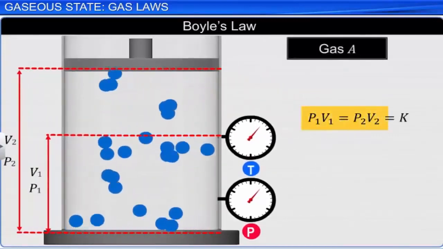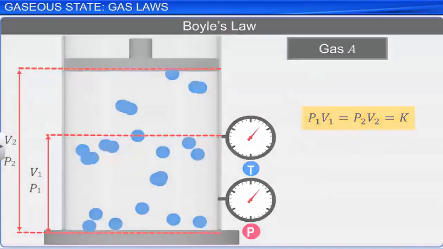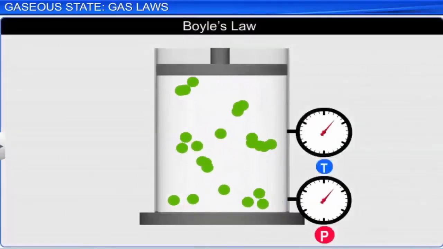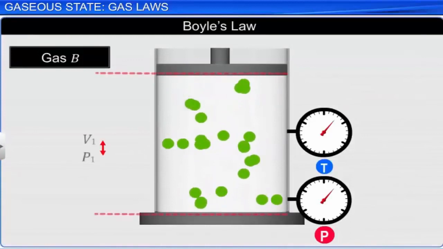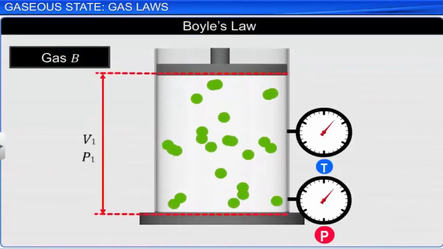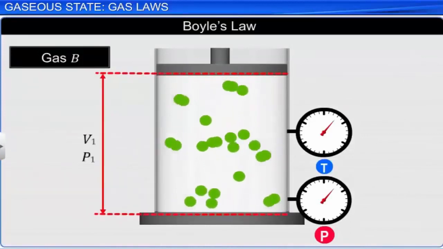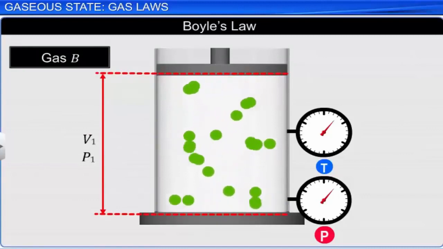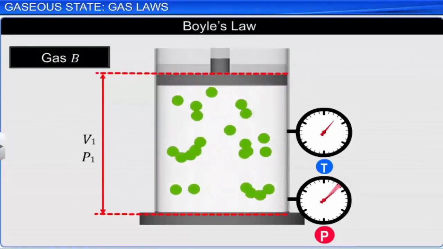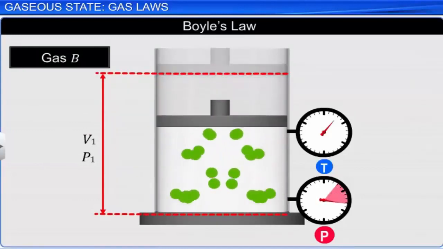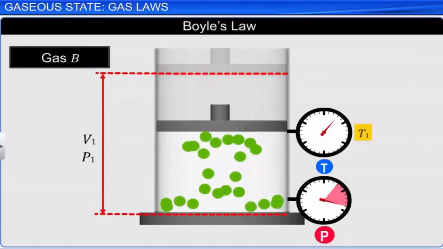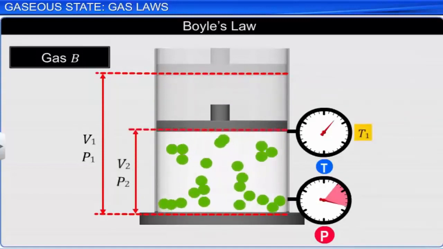Now consider n moles of gas B at pressure P1 and volume V1. Let us now slowly increase the pressure, keeping the temperature constant at T1. We observe that the volume of the gas decreases as the pressure increases.